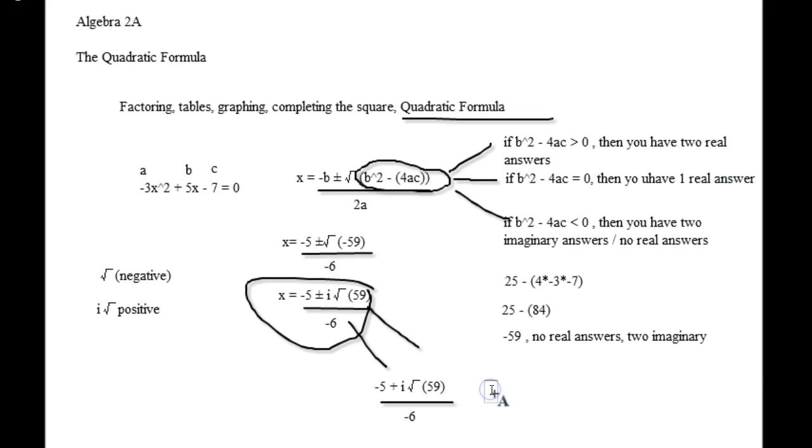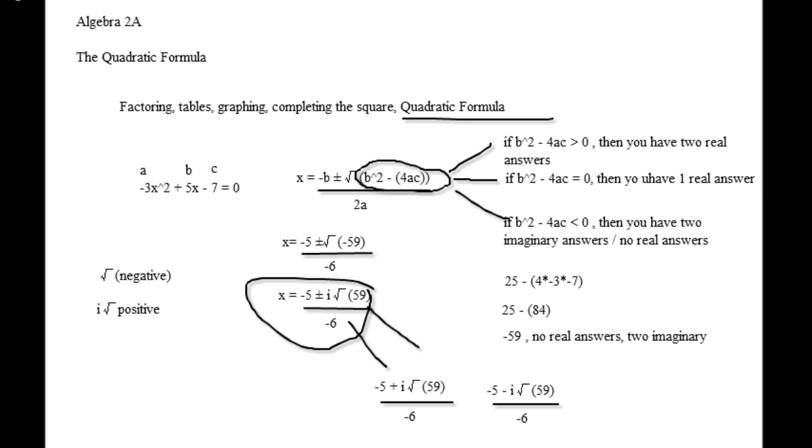And the other one's going to be negative 5 minus i square root of 59, all over negative 6. As long as you understand that there's going to be two numbers there whenever you're working with it, you should be fine. Now if you can simplify the square root, please do, and thus simplify the answer.